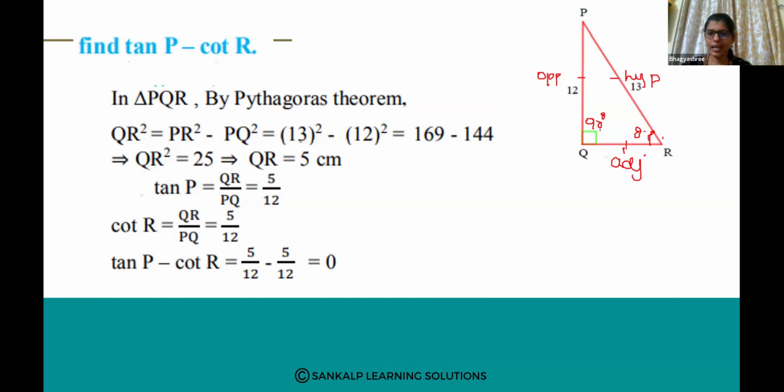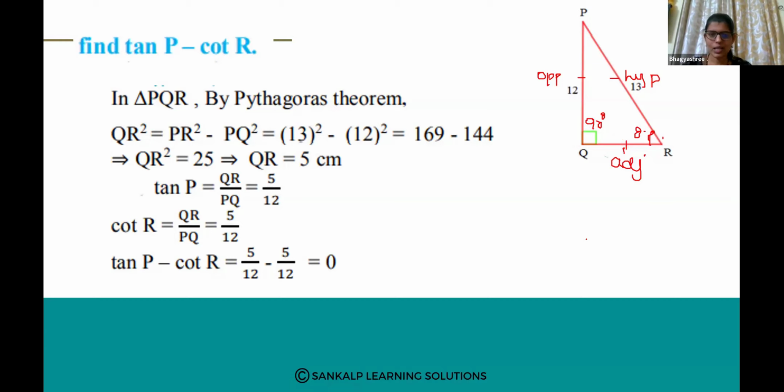In triangle PQR, again we don't know the adjacent side. Opposite is known, hypotenuse is known, adjacent side is not known. Then again use Pythagoras theorem. Everywhere we use Pythagoras theorem only. Why? Because here we are using a right angle triangle, right?